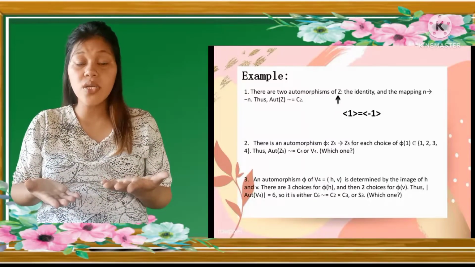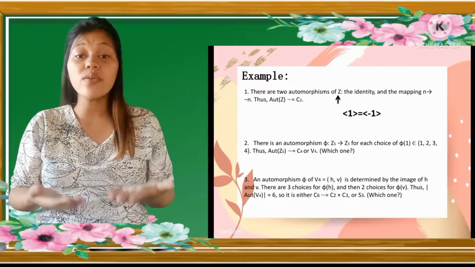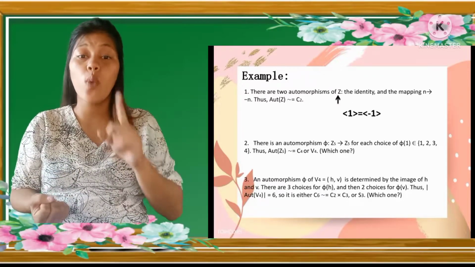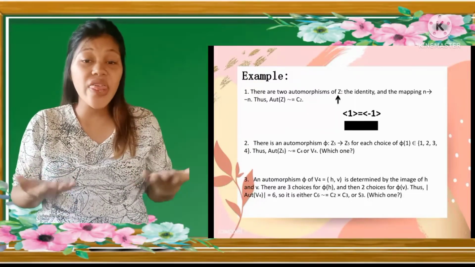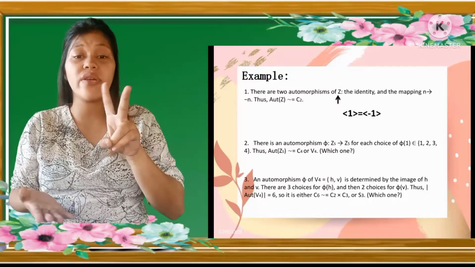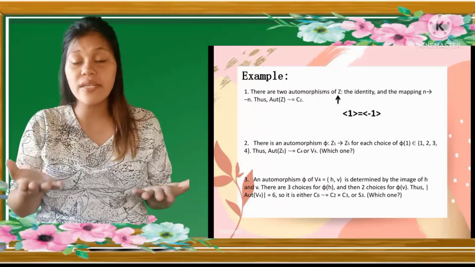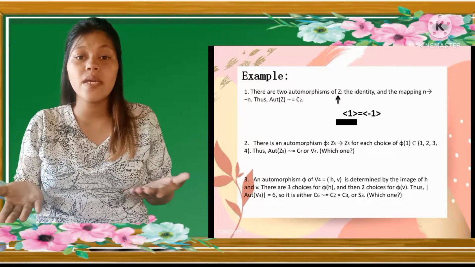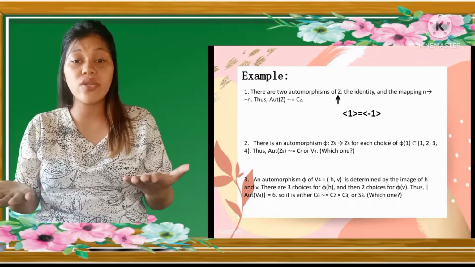First of all, an automorphism is determined by where it sends the generator. Now Z is of course generated by 1, but it's also generated by negative 1. These are the only two generators of the integers, so there are two choices for where 1 gets sent, because it has to send a generator to a generator.